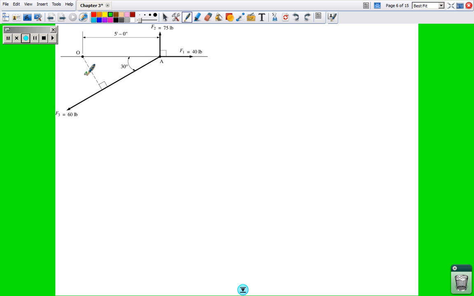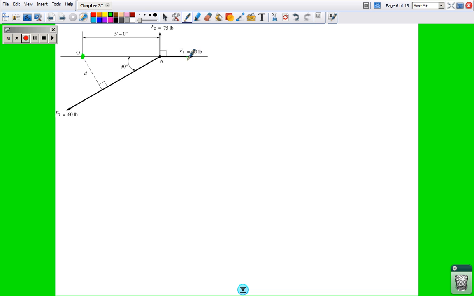Okay, so let's do this problem, all right? We want to know the moment caused by these three forces, with O being the center of the rotation, okay? So we've got to deal with F1, F2, and F3, all right?